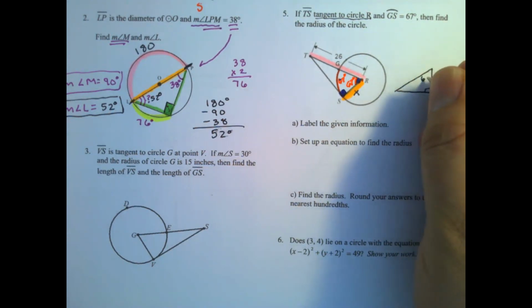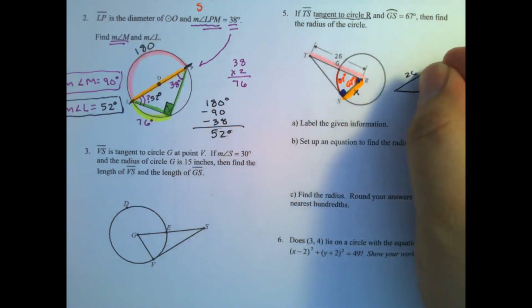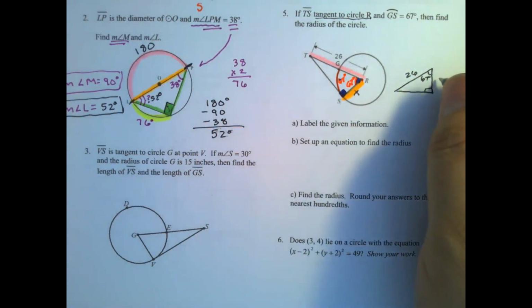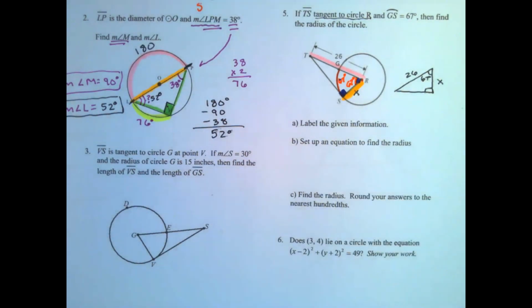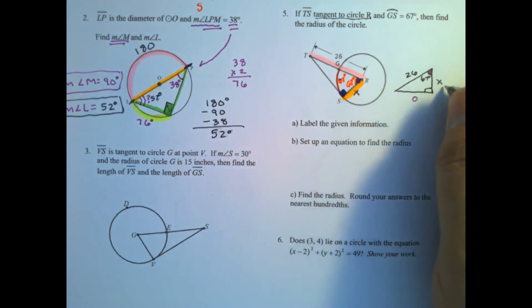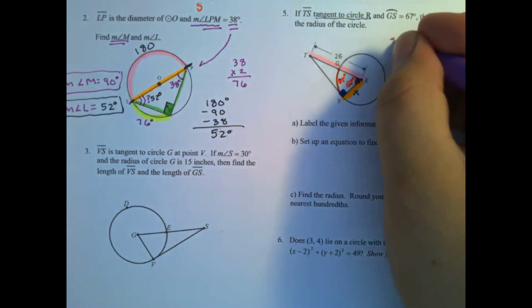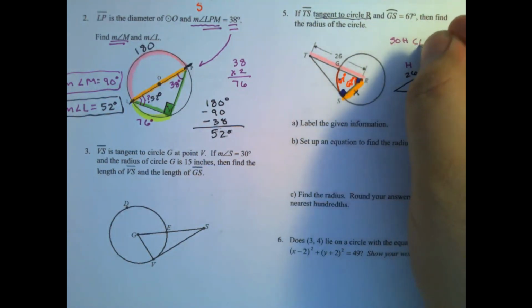There's the 90. There's the 67. That makes this the 26. And this is what they want me to find. But you see, when I look at it like this, nice and simple, I notice this is the opposite side. This is the adjacent. This is the hypotenuse. Our friend SOHCAHTOA is coming in.